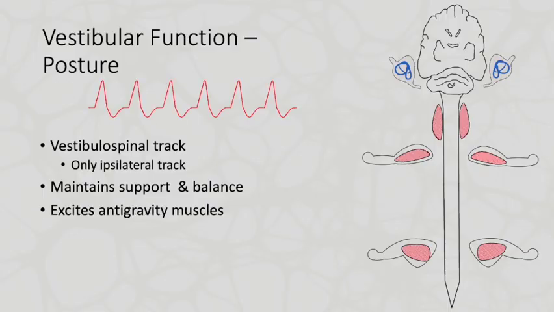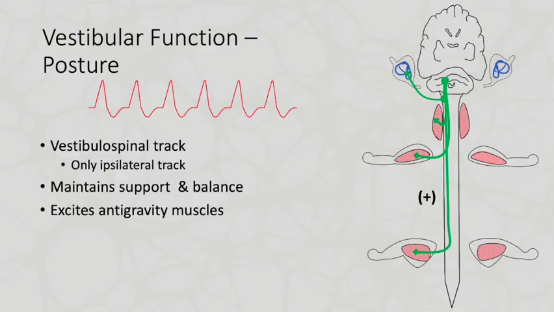So remember that when there's the influence of gravity, which is acceleration, we're going to have this normal basal rate, this normal firing from the ampulla, the utricle, and the saccule. All of that is going to be fed through the vestibulocochlear nerve to the vestibular nucleus. There's going to be some influence from the cerebellum, but all that information is going to be fed through the vestibulospinal tract and then eventually to the anti-gravity muscles.